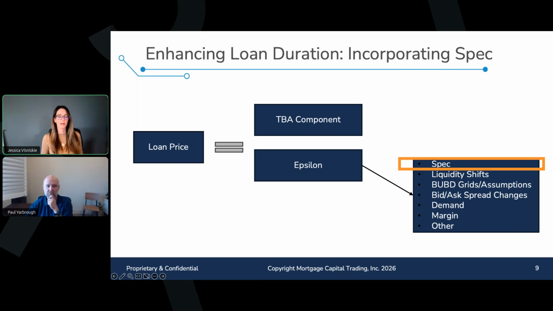Spec, though, is the most prominent and most measurable of those factors. And because it can have such an impact on your hedge, we will dig in here. So that difference that we're talking about, that move in underlying TBA versus the loan price itself, is where spec lives.